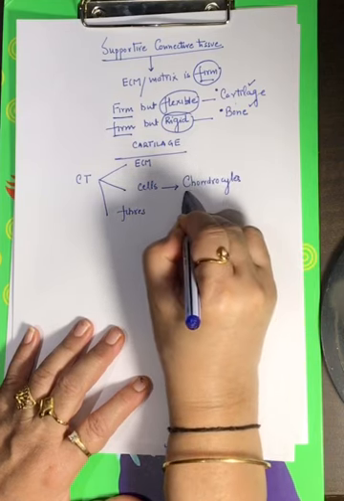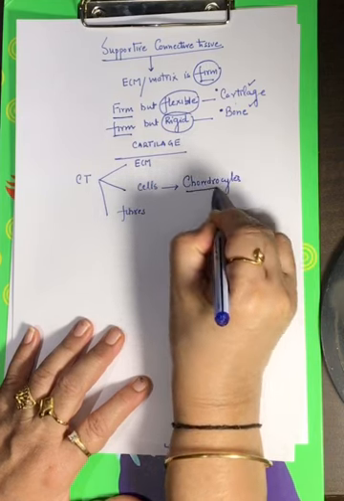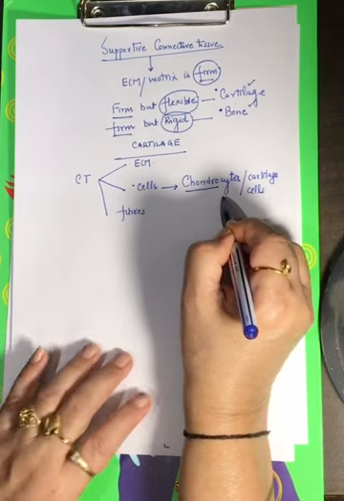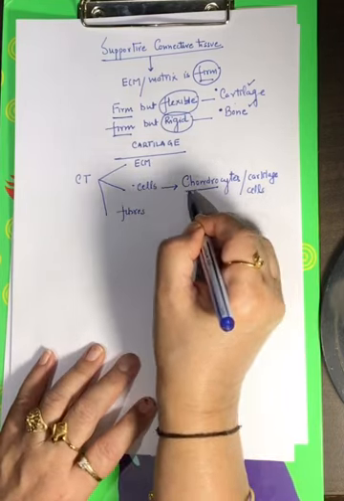The word chondro in biology refers to cartilage. So these are the cells of the cartilage. They can also be called cartilage cells. We do not have fibroblast cells. The cartilage cells are called chondrocytes, and chondrocytes are the ones that secrete ECM and also secrete fibers.